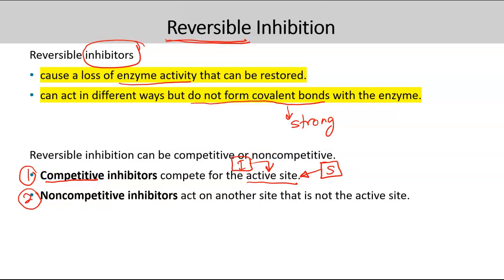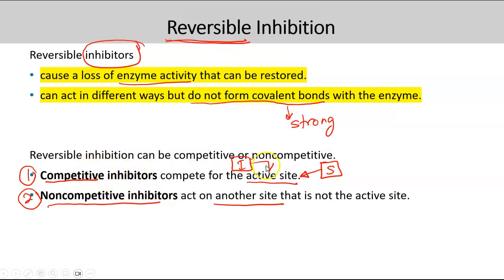And there's another type called non-competitive inhibitors. They will not bind to the active site, but to another site of the enzyme. So both of them will bind to the enzyme.